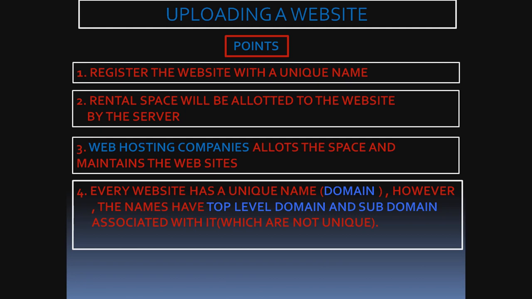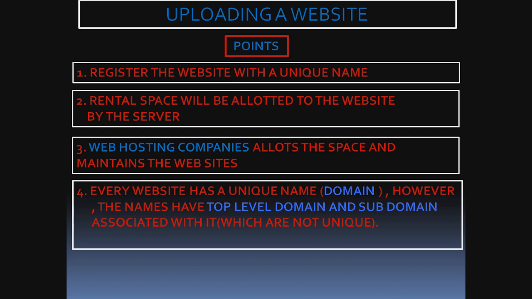But when it comes to nic and in, as in www.cbse.nic.in, nic and in are not decided by CBSE; they are decided by the web server itself. So a few parts of the web address are decided by you, and some parts are decided by the company where you are uploading your website, that is the web hosting company.